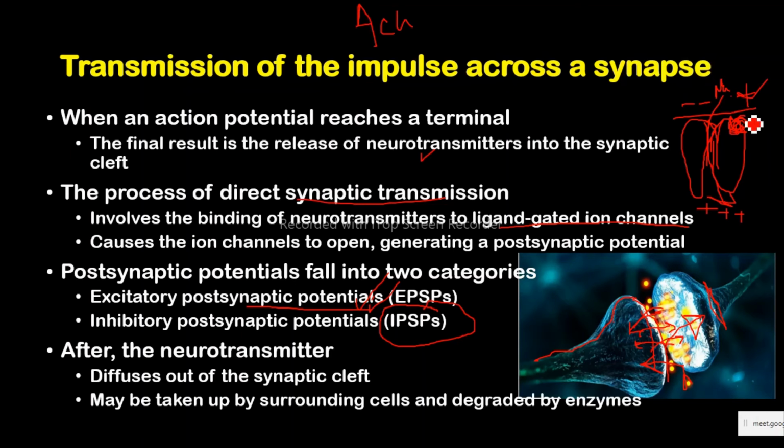It is that enzyme which breaks down this acetylcholine, and when you break it down, you release it from the receptors. If you release it from the receptors, then these gated channels close again, and you will no longer transmit sodium ions inside, and so everything restores back to normal.